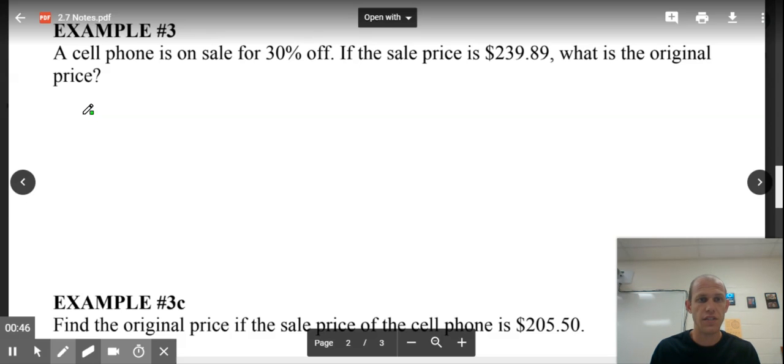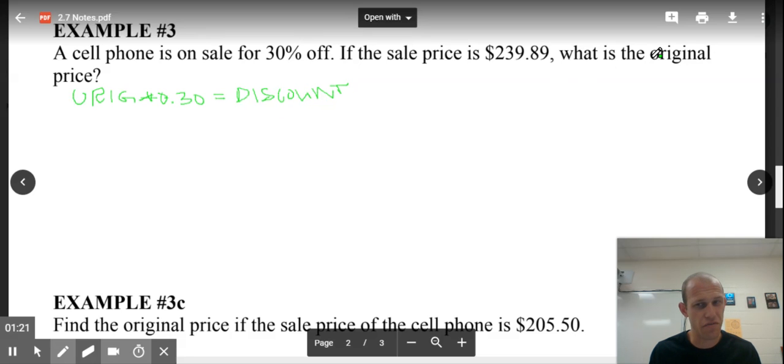So first, a cell phone is on sale for 30% off. If the sale price is $239.89, what is the original? So for method one, what we normally do is take the original and we multiply it by our 30%. And we get out what that amount off is. So we get out the discount. The problem is we don't have the original.